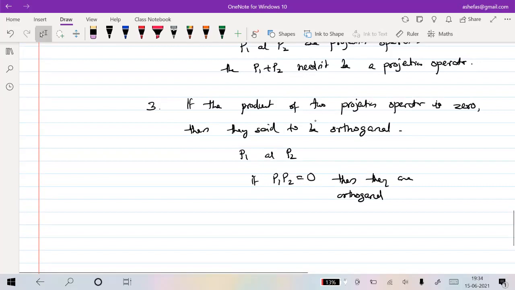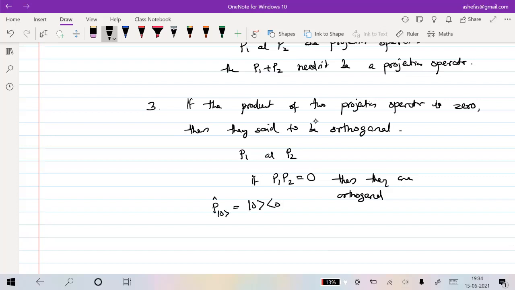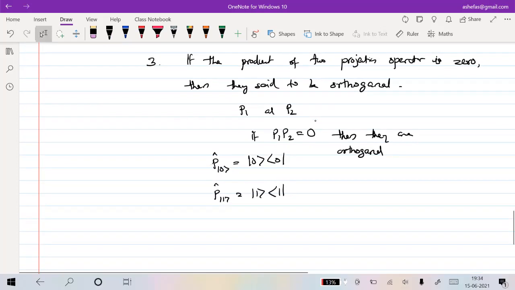Okay, so the simple example is as we discussed earlier. We have introduced a projection operator corresponding to ket 0 as ket 0 bra 0, and the projection operator corresponding to 1 as ket 1 bra 1. Now, what would be the product between them?